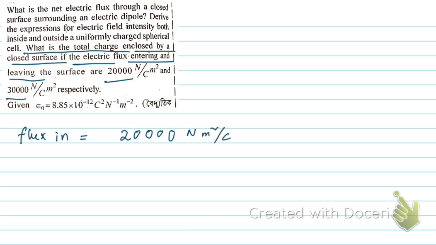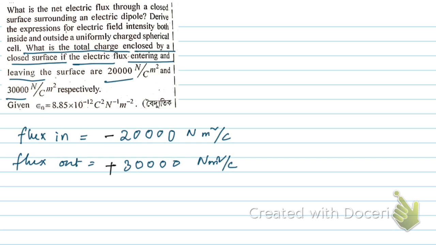And flux out is 30,000 Newton meter square per coulomb, right? And inward flux is taken as negative and outward flux is taken as positive, remember that.